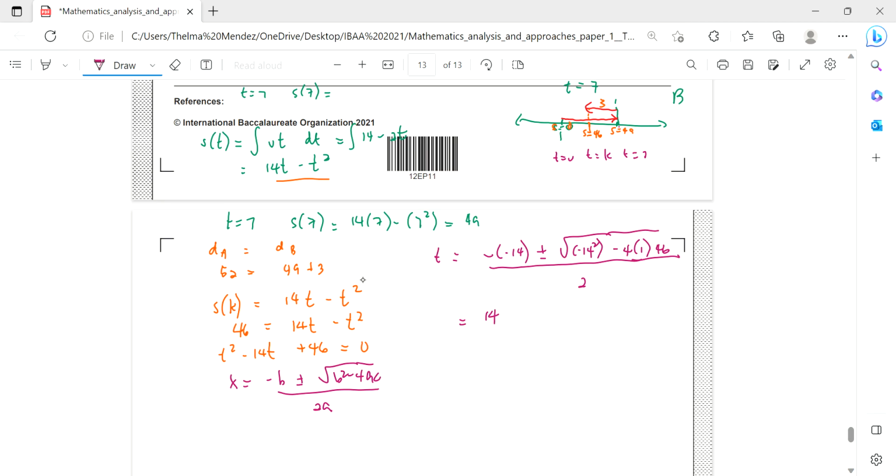I think I can remove the negative because all the answers are on the positive side.